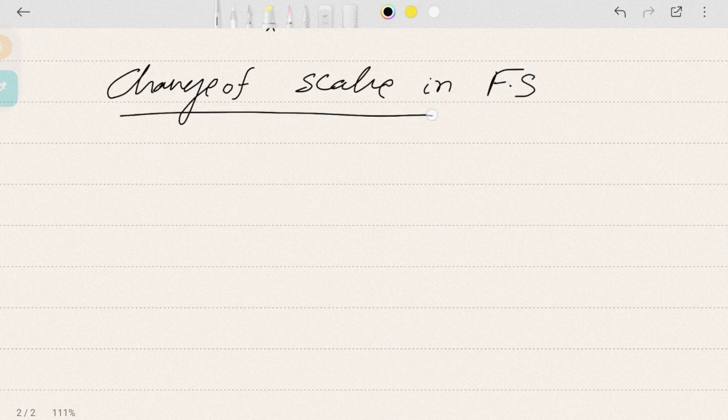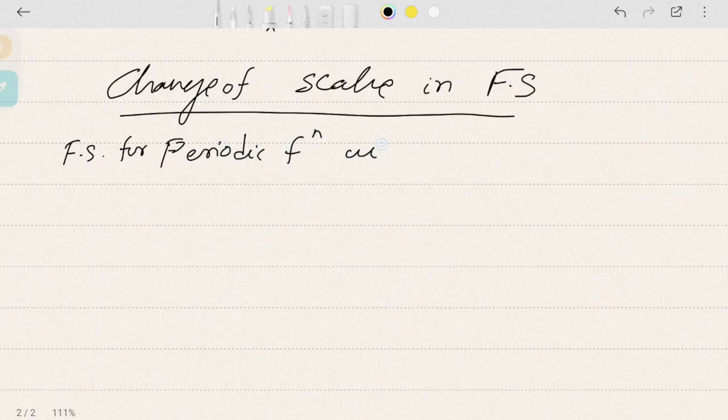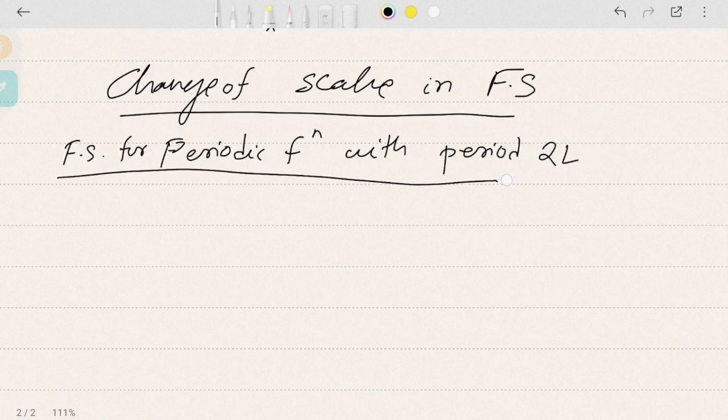You can also write a Fourier series for a periodic function with period 2l, not 2 pi. Let's do it for 2l.